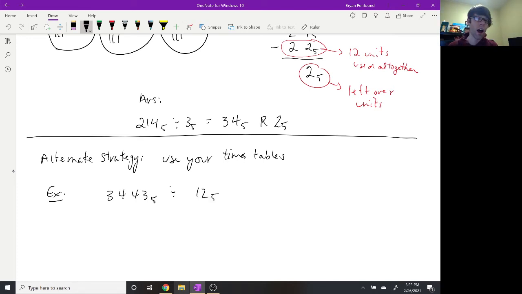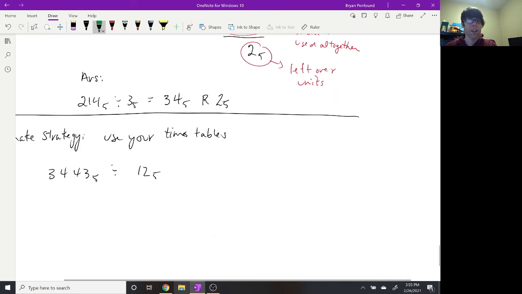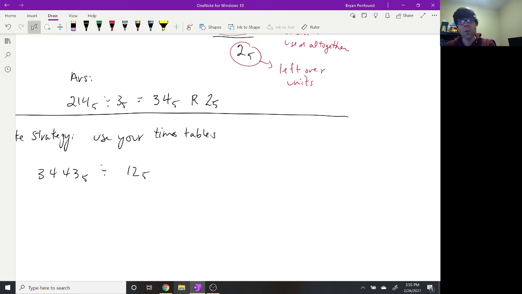Okay, so we're going to divide by the number 7 essentially. And in green, we're going to think way back to what I would do if I actually had this number divided by this number in base 10.